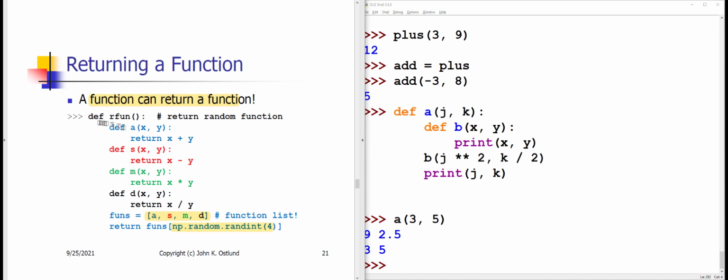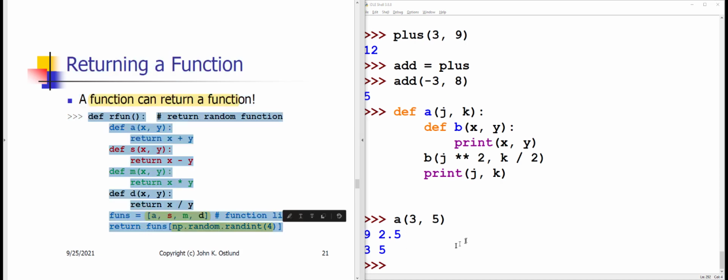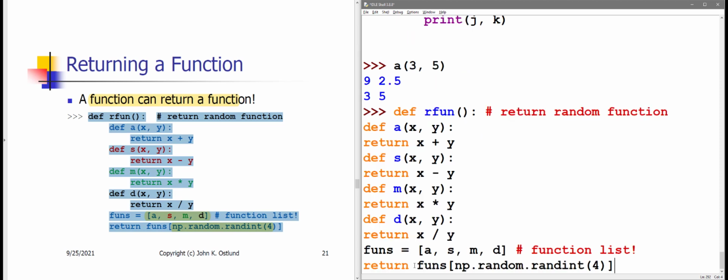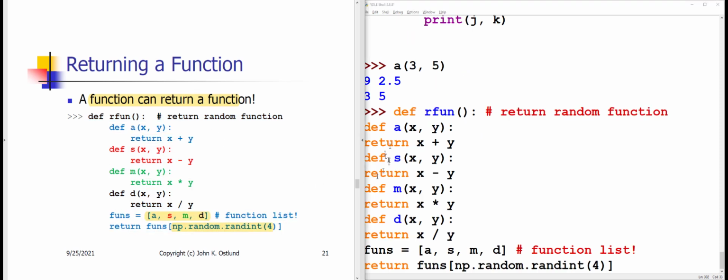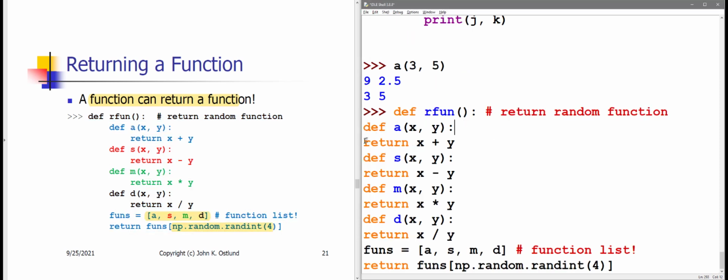Now let me, in fact, define this. Whoops, rats. I have to turn off my highlighting so I can copy it over. All right, so I'll copy it over here now, and I'll clean up the bogus indentation.